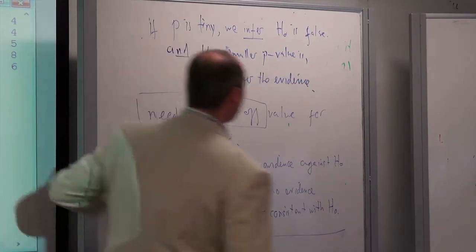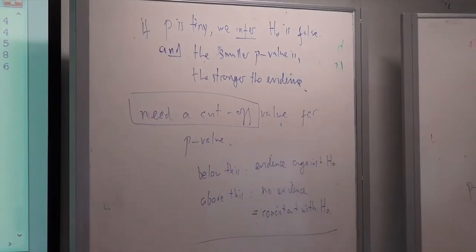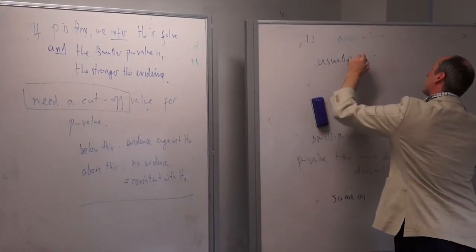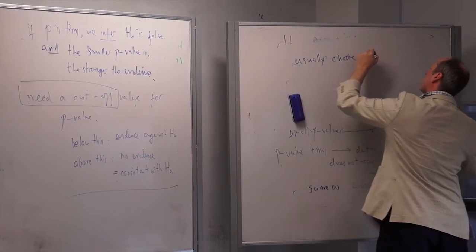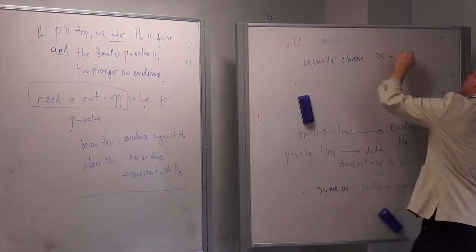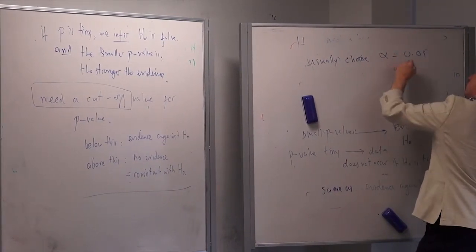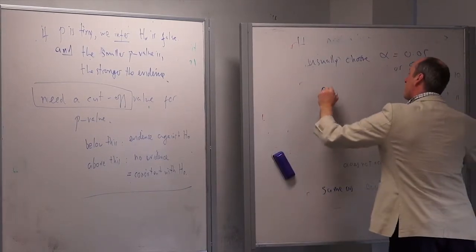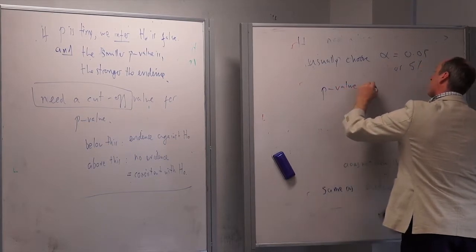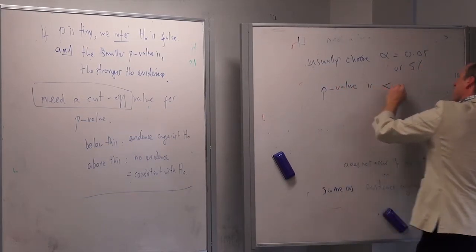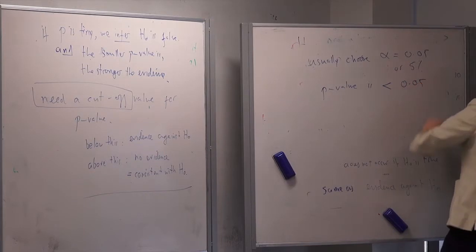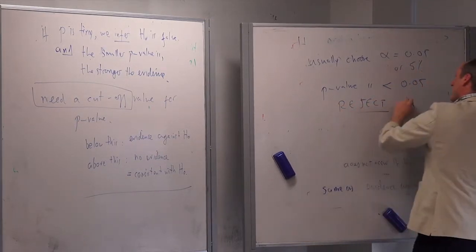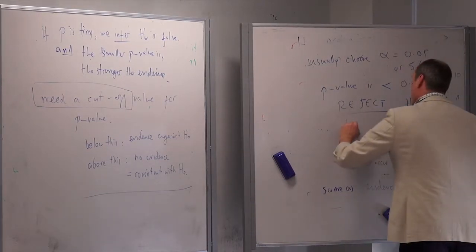And we usually choose, as I'm sure you'll know, what we normally call alpha equals 0.05 or 5%. So if the p-value is less than 0.05, we reject the null hypothesis because we've got evidence against it.